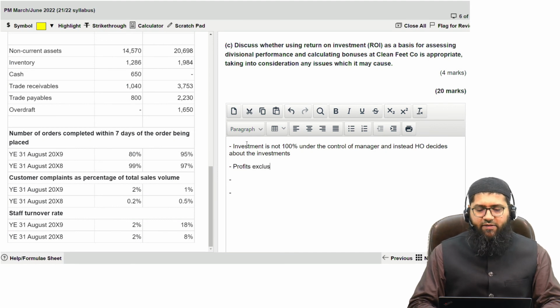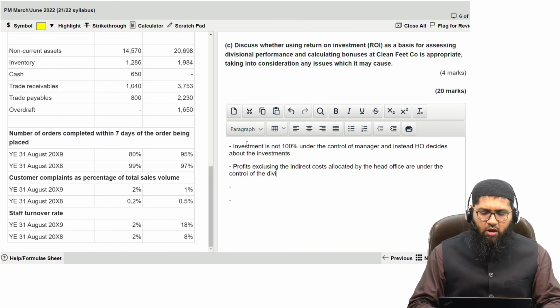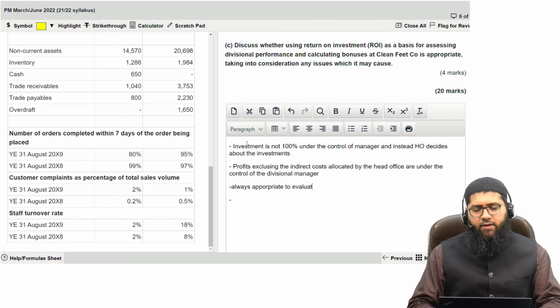The profits excluding the indirect costs allocated by the head office are under the control of the divisional manager. It is always appropriate to evaluate performance on the basis of items which are controllable.